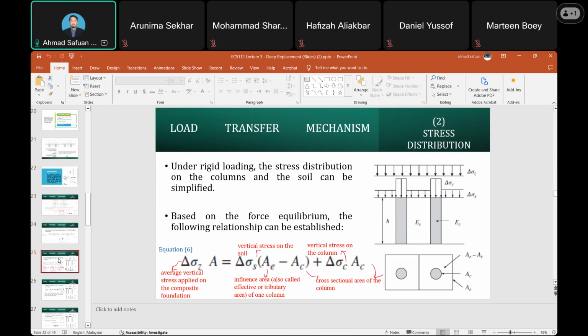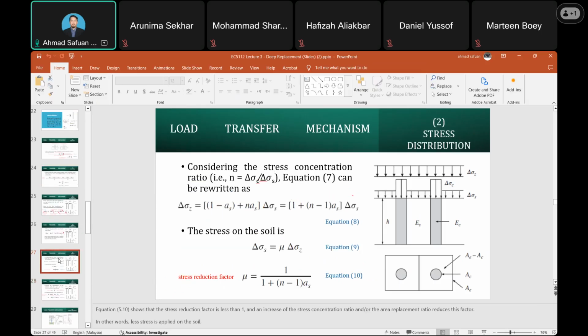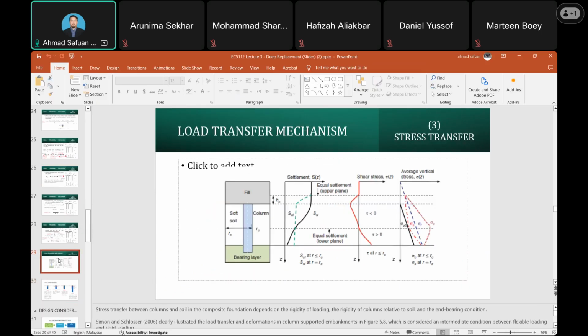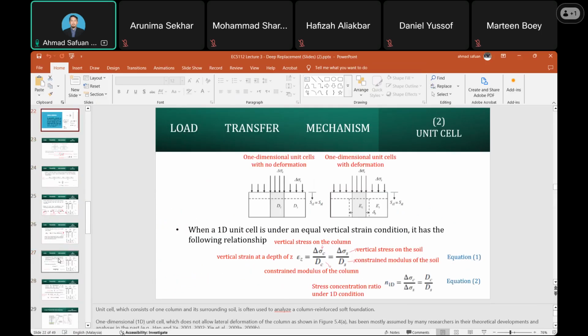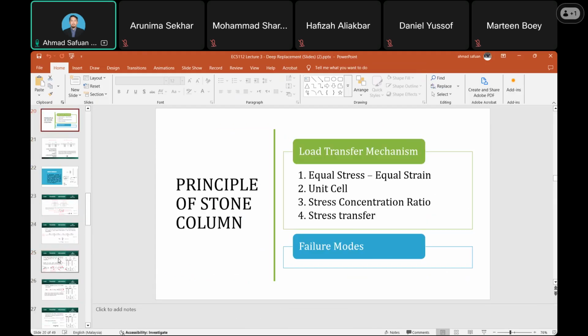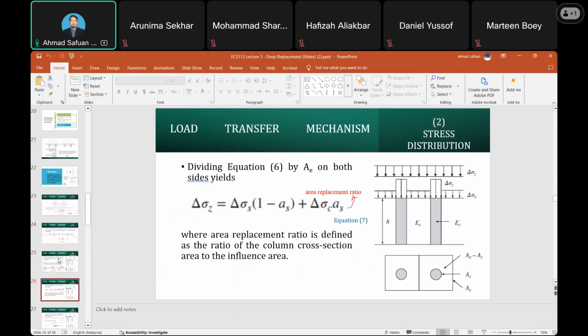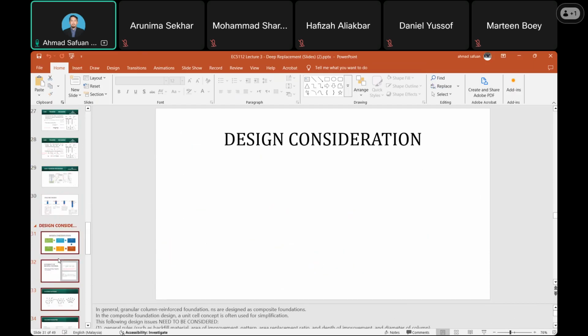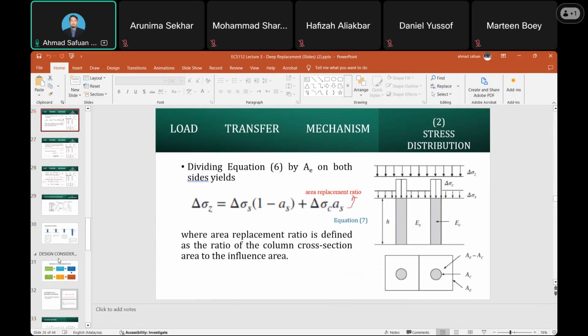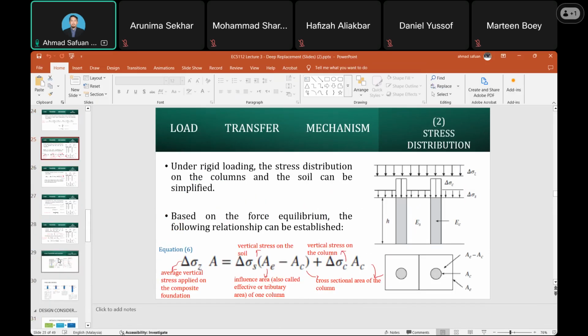Then we have the stress concentration ratio, stress distributions. So basically this is number 3, this is number 4. Let me change it first.